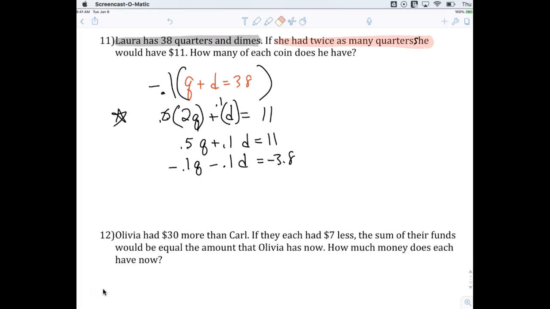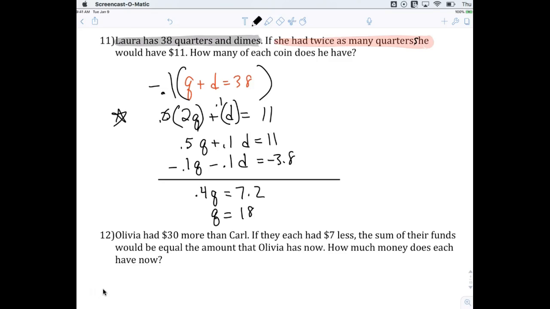Now when we add these together, I'm getting 0.15Q equals, what does that become? 7.2. Thank you very much. And so now Q is equal to, what is that?